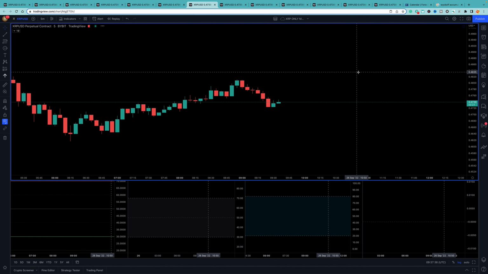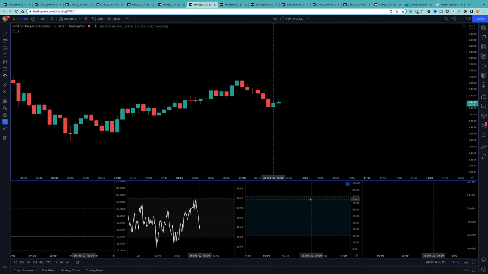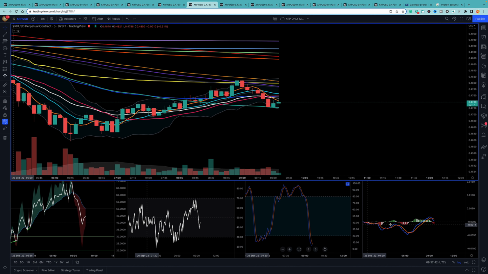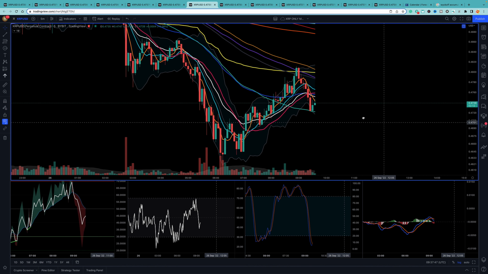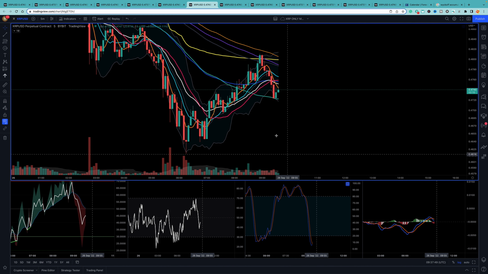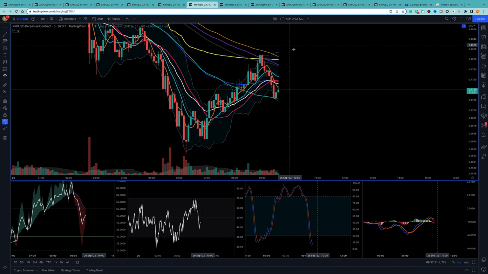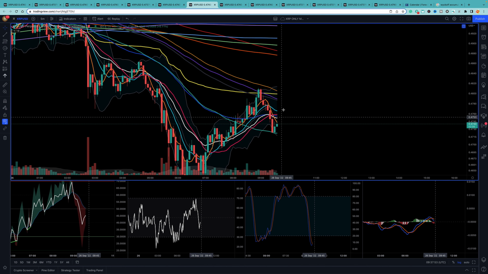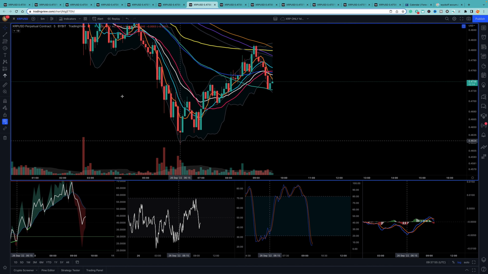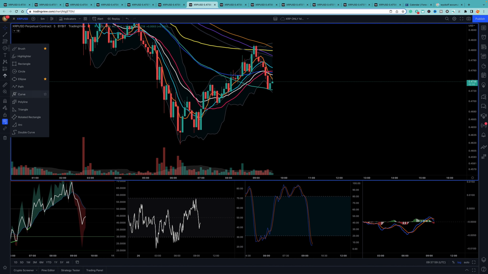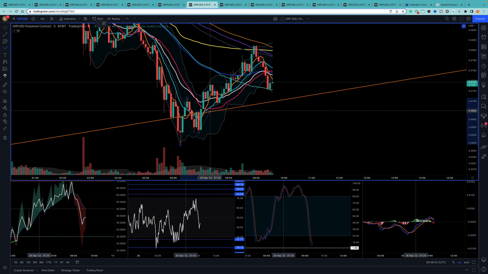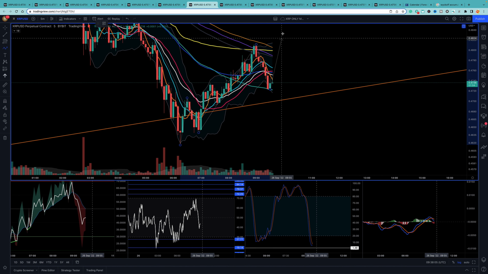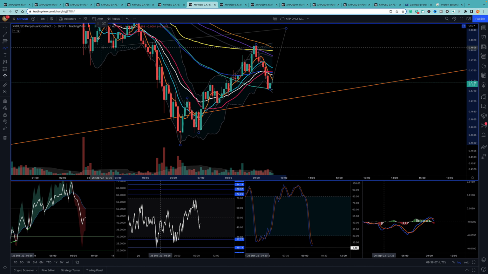And then the 5 minute is all the way back at the bottom again. So that tells me potentially the 5 might come up and do another little push here. We've got maybe a little impulse going on here: 1, 2, 3, 4, and then 5.